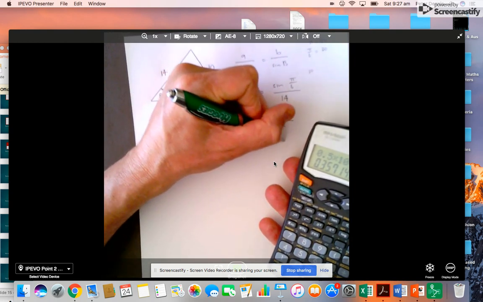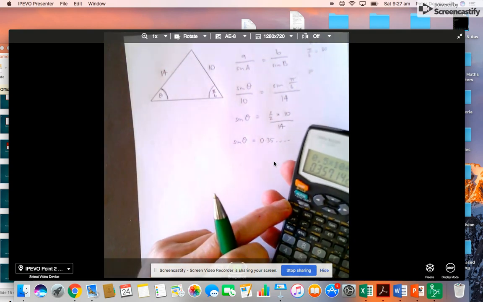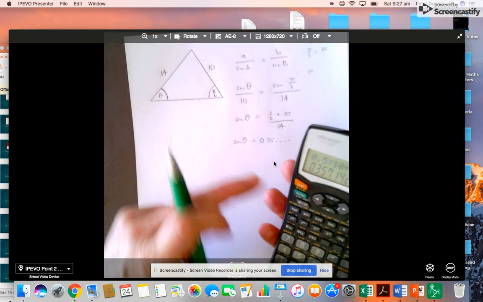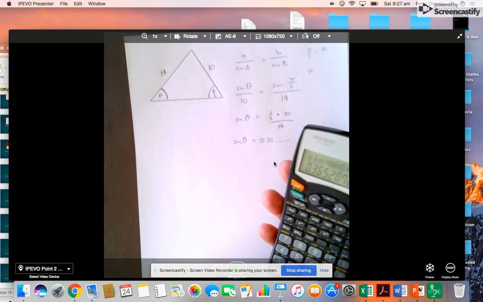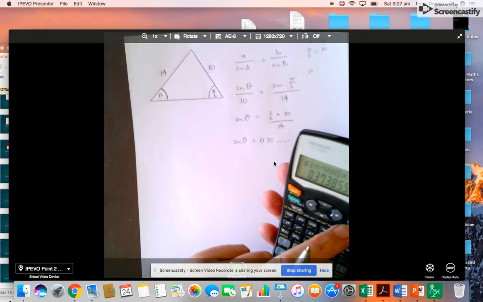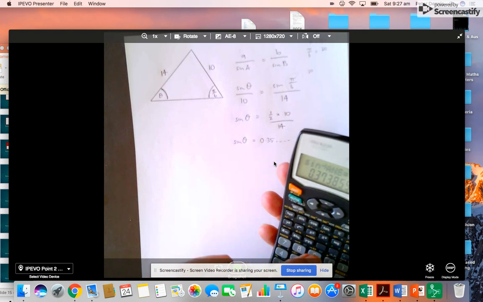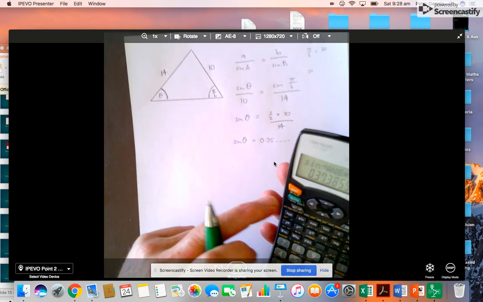How do we find the angle? We're finding an angle, so it's always shift sine. And I am in radians already, so that was a bit of a foolish thing to do because I'm working in degrees.